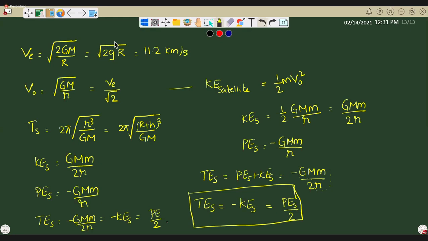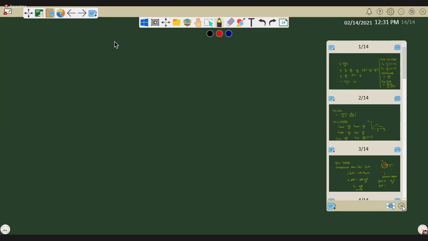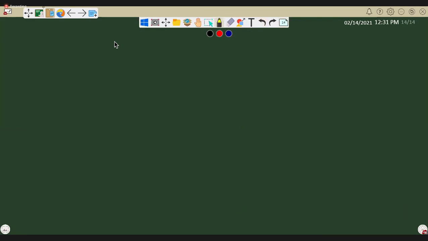Two bodies of masses m and 4m are placed at a distance d.